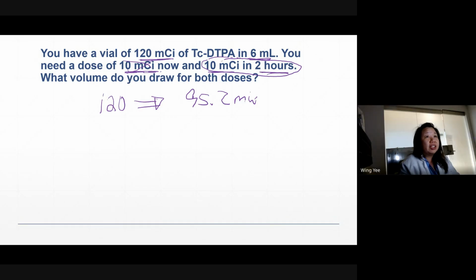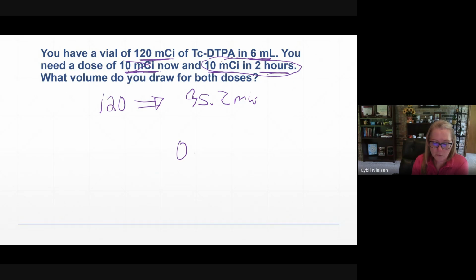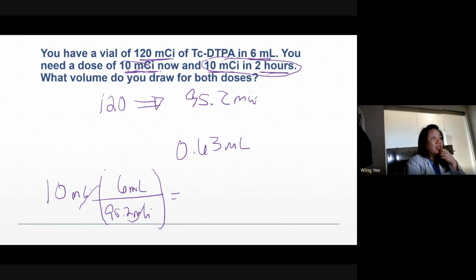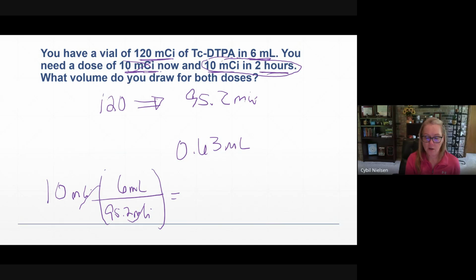Point 4.76. Should be 0.63 mLs. So yes. Yeah, so now you have 95.2 millicuries in 6 ml.